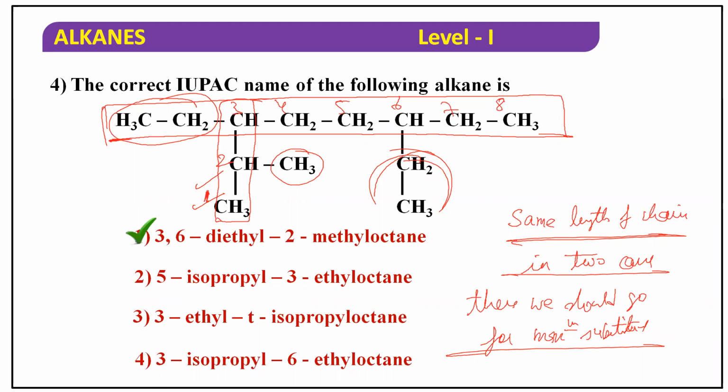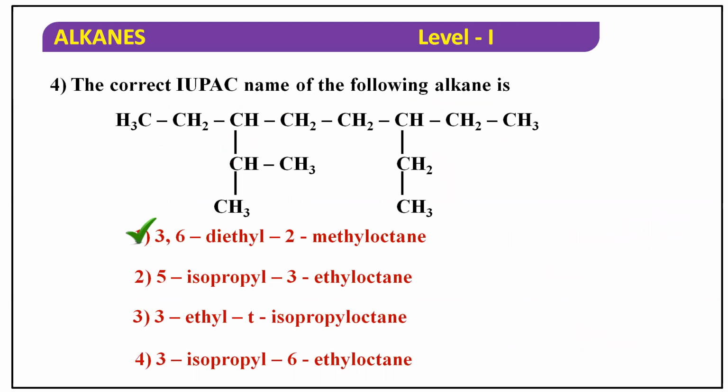So that way we can say it is 3,6-diethyl-2-methyl octane. Because in this case, we'll get 3 substituents. If we take the straight chain of 8, then we'll get only 2 substituents, which will be wrong. So we have to follow each and every rule, not just one rule. We have to see that no rule is violated. So first rule, second rule, third rule, like that we have to see.